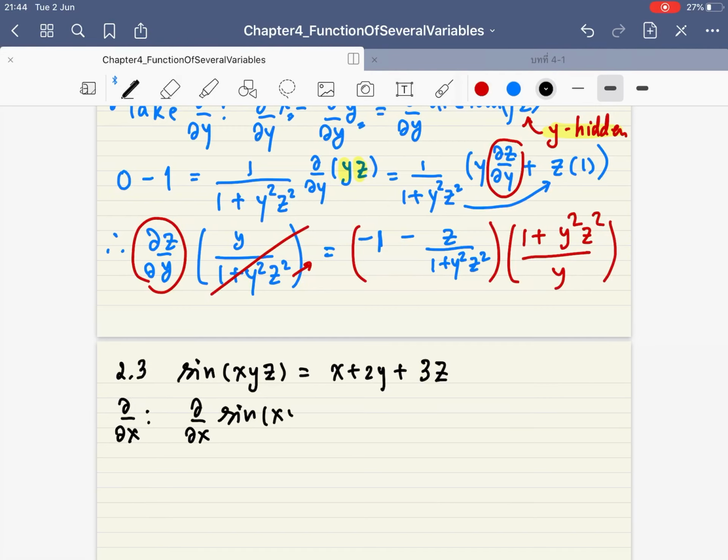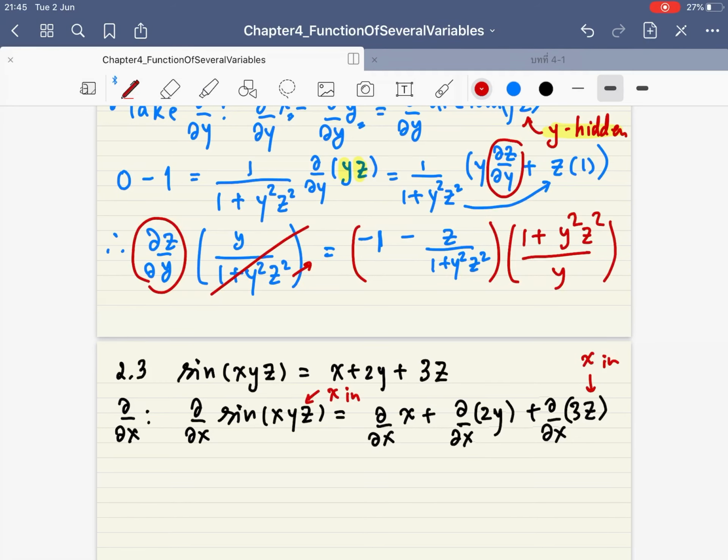So your left hand side and your right hand side contain 3 terms. Oh, sorry, it is d by dx of x, then 2y, and then d by dx of 3z. Okay, but now your z has x hidden in there.